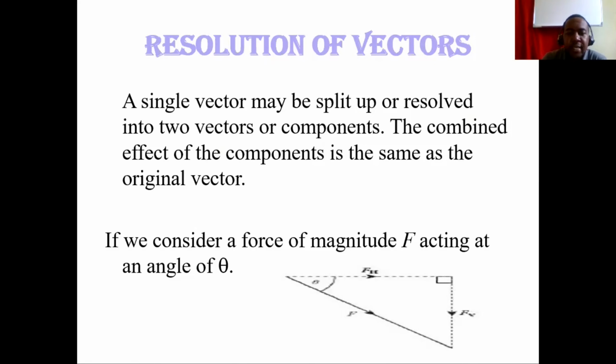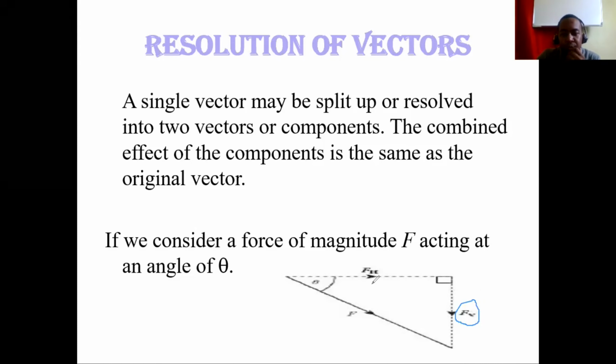We notice that it's not going down vertically or across horizontally. It's slanted. And because it's slanted, it has both an X and a Y component. So the X component would be FH, the horizontal, and the Y component would be FV, the vertical.